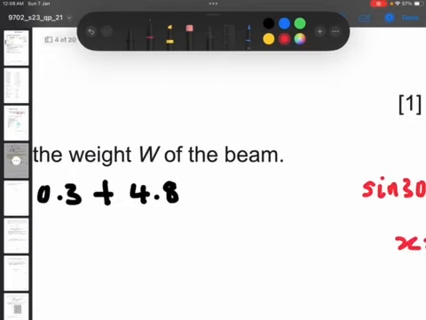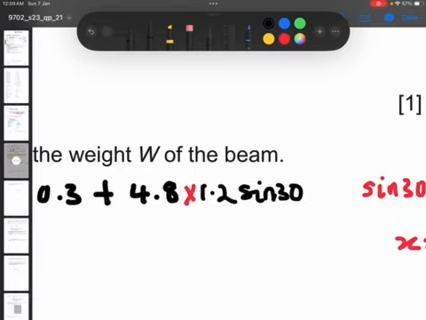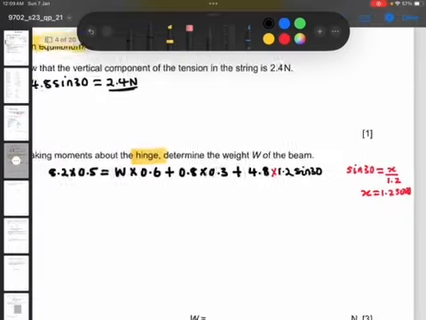So now we have found our perpendicular distance. So I'll come here and say 1.2 times sine 30, making sure that my calculator is in degrees.